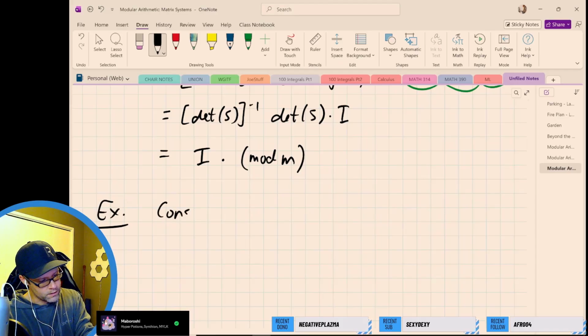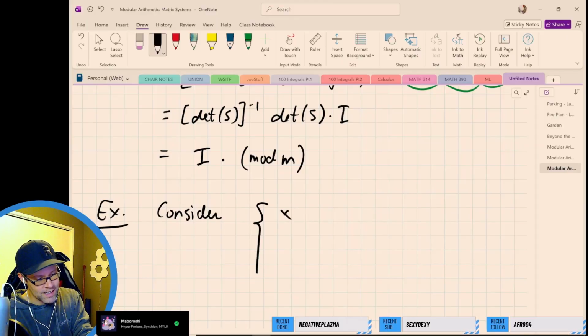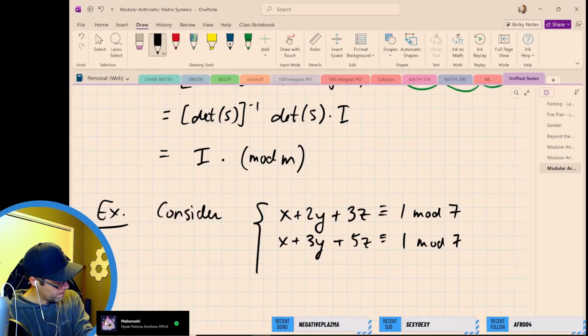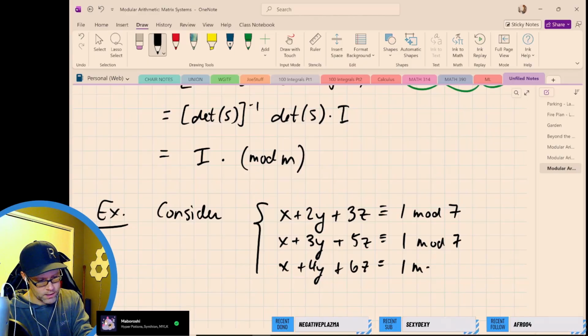Let's consider the following set of equations. x plus 2y plus 3z is equivalent to 1 mod 7. x plus 3y plus 5z is equivalent to 1 mod 7. And x plus 4y plus 6z is equivalent to 1 mod 7.